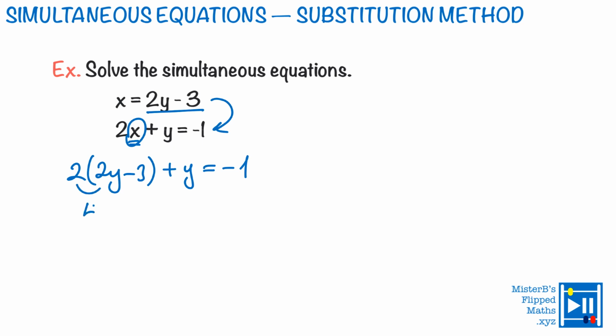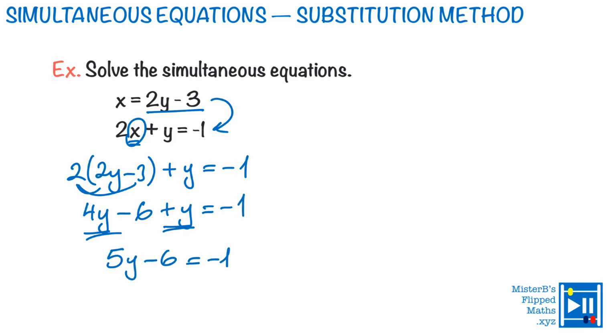So 2 times 2 is 4, 4y, minus 2 times negative 3, negative 6, so it's minus 6 here, plus y equals minus 1. So 4y plus y is 5y, minus 6 is negative 1. So you add 6 to both sides, we get 5y equals 5, dividing by 5, we get y equals 1.